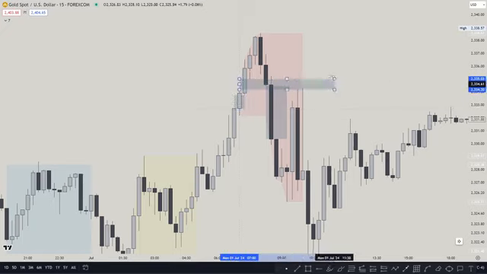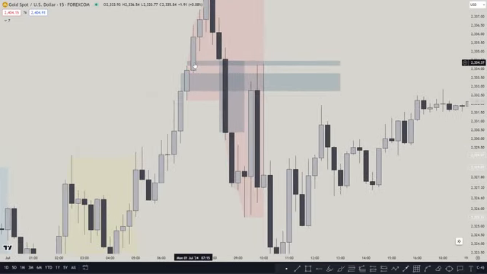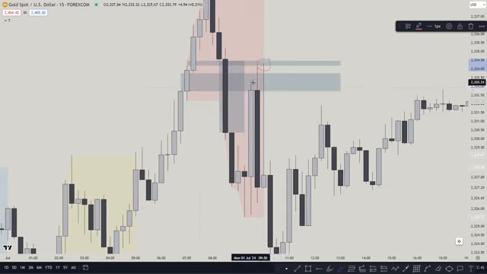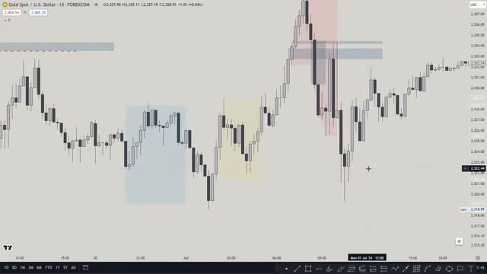You can have this one here, which overlaps with this part of the fair value gap, and this one here, which overlaps with the whole fair value gap. The extreme one, price came to it with a wick. The one below, price also came with a wick and started rejecting. Both of those are valid, but the extreme one is higher in probability. So you should always prefer to look for the extreme one instead.